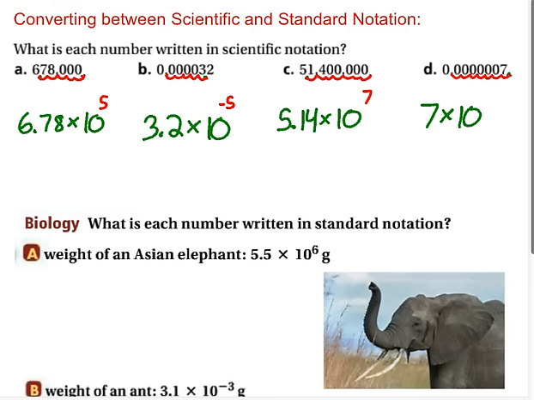But because it's creating a very, very small number, that is going to be 10 to the -7. Okay? So that's how you can take a number and turn it into scientific notation. The larger the exponent, the larger the number. Or the more negative the exponent, the smaller the number.